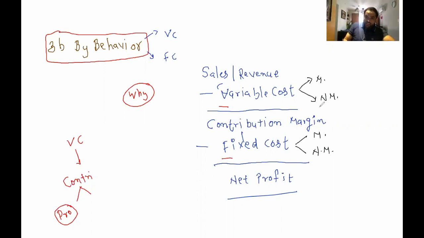Variable cost which is non-manufacturing, marketing, advertising, packaging, labeling, distribution, these costs contribute to increase the revenue.